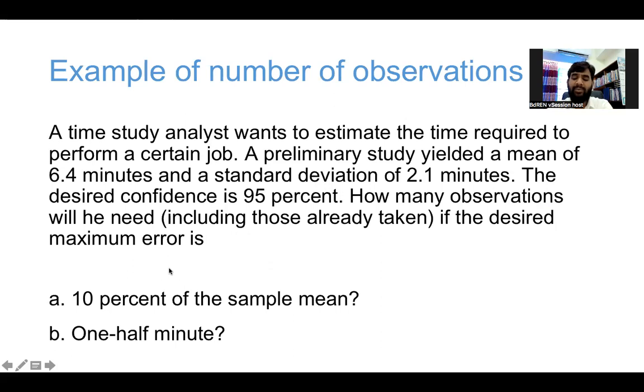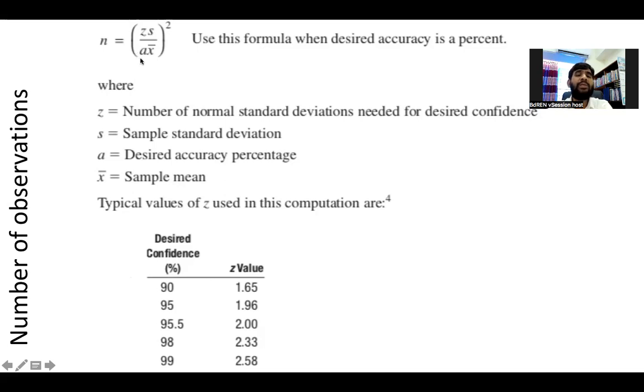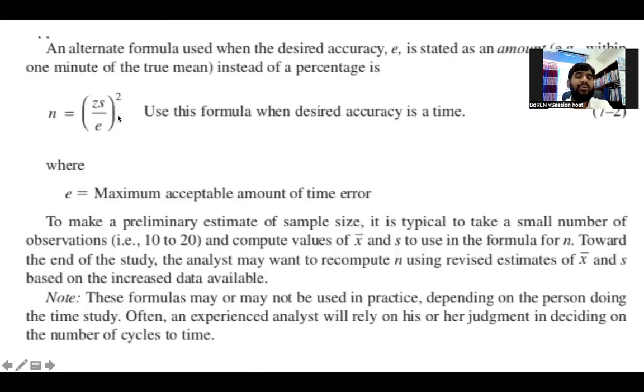And the second approach: when this is in percentage, there are 2 formulas. One formula is used when you have a percentage, and the other formula is used when there is an amount, the desired accuracy in time. The amount and time are the same here because we are going to calculate standard time.